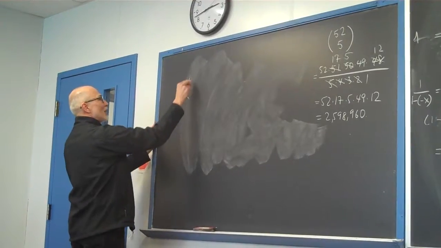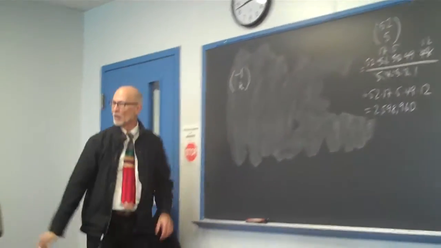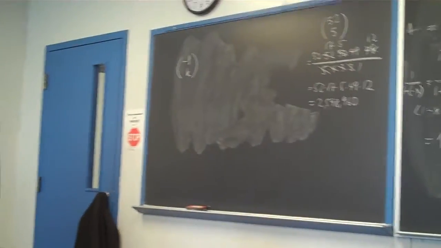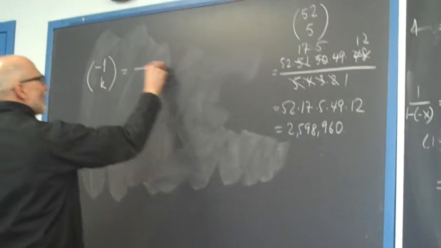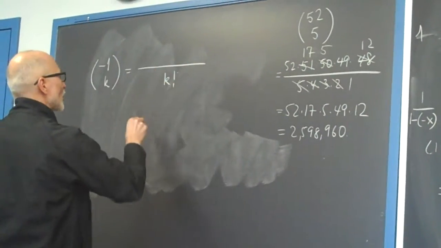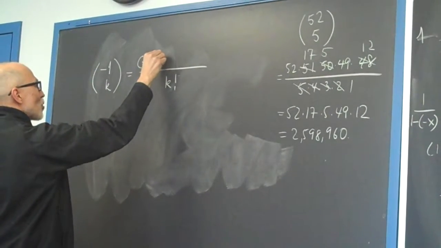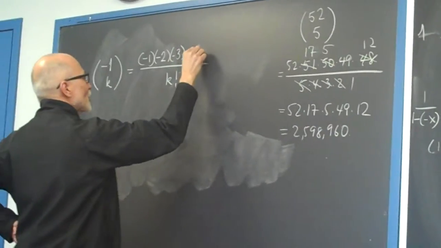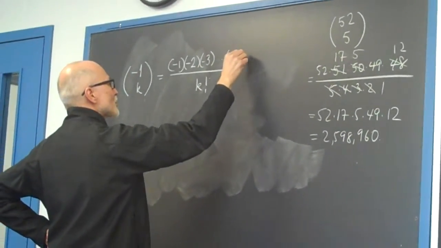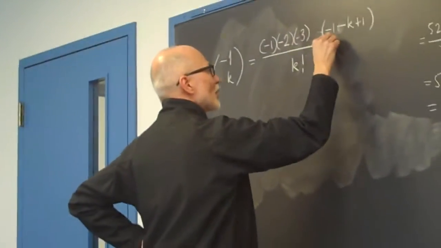How about if I put in minus 1 choose k? According to the formula, I divide by k factorial. I take minus 1, minus 2, minus 3, down to minus 1 minus k plus 1, which in fact is what?